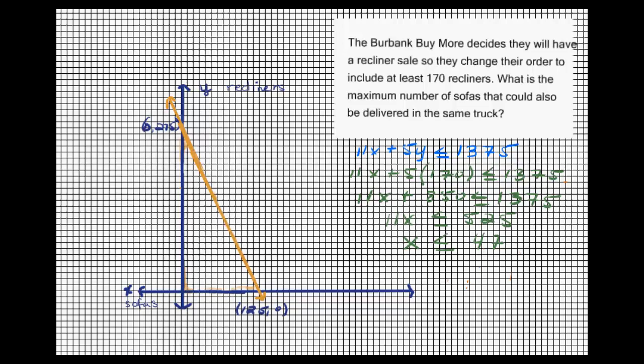So let's go ahead and graph that. Our graph would now need to have a horizontal line at y equals 170, and then we're going to enclose that triangular shape above that line, so that would be shaded above it. So 170 on the y axis is right here.